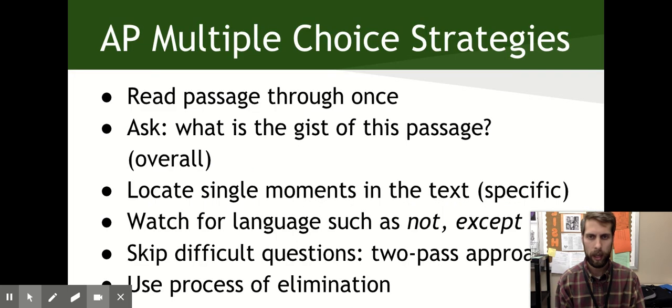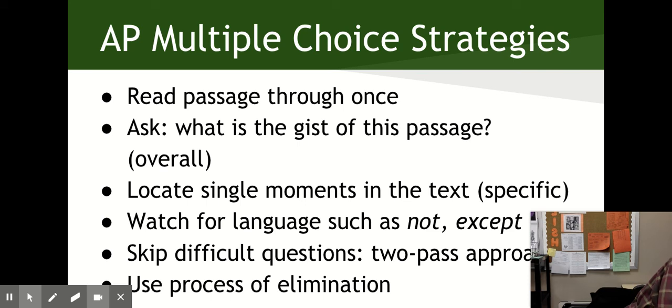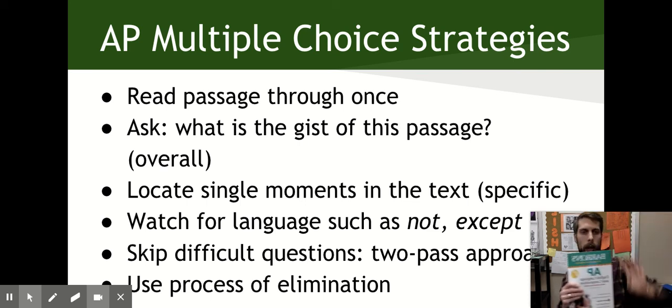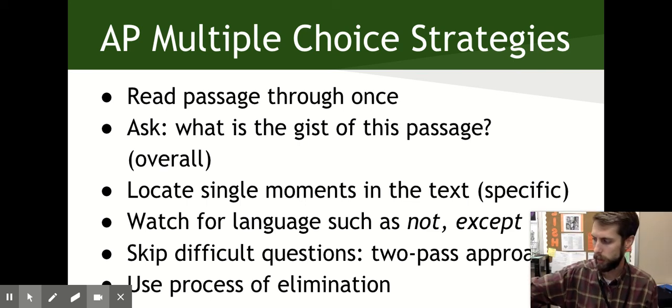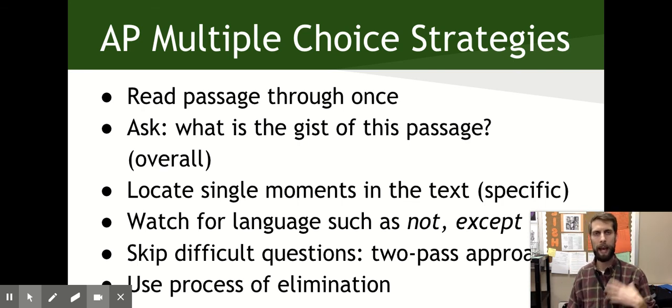So anyway, lots of thoughts, lots of specific strategies. Of course, there are more that you can find in certain books like Barron's or something like that. But these are the ones that seem to have the most bang for their buck. And these are the things that you need to keep in mind as you practice, as you do those things on AP Classroom.